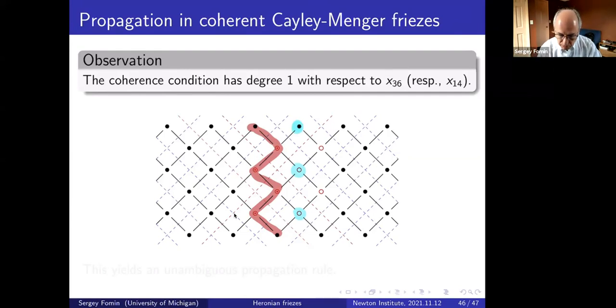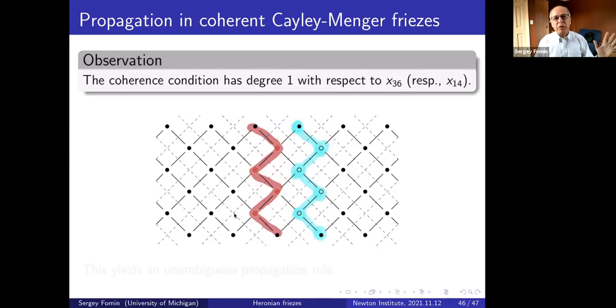Oh, sorry, no, sorry. We also need to choose. I'm sorry, I got too excited. We also need to choose these ones again in an arbitrary way, right? Because we want to duplicate the initial data. Okay, and now we are ready to propagate because we have these 8 guys, and they uniquely determine the ninth one.